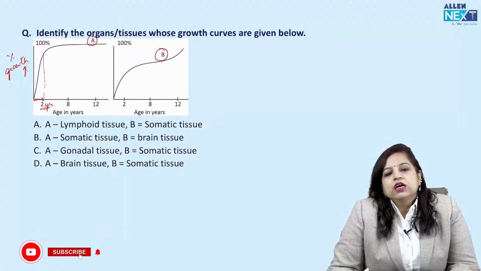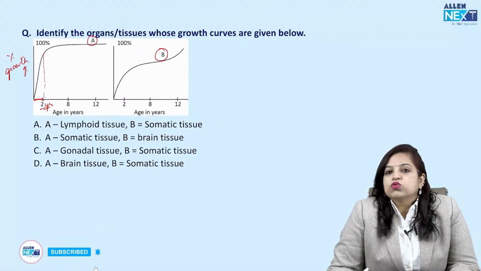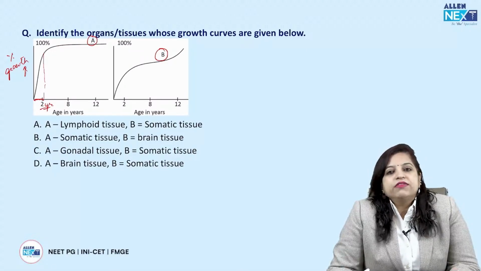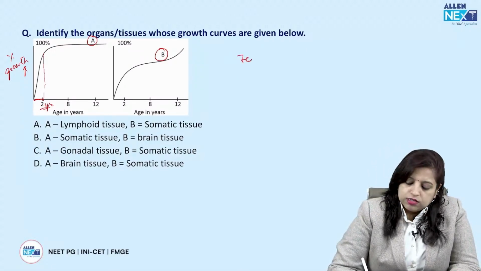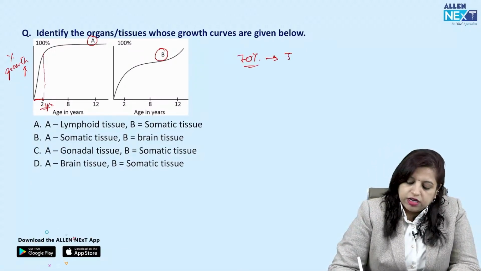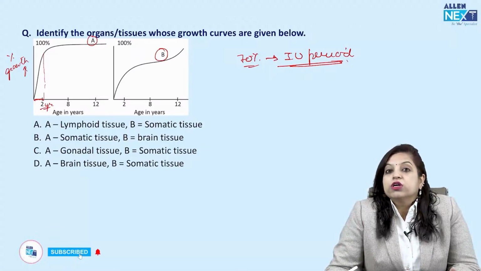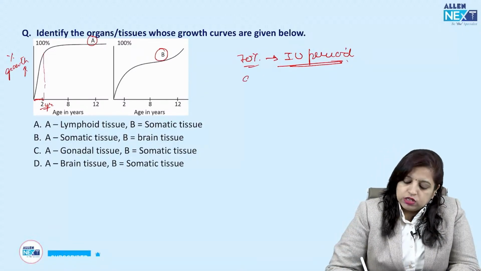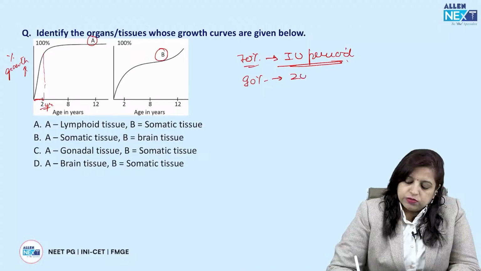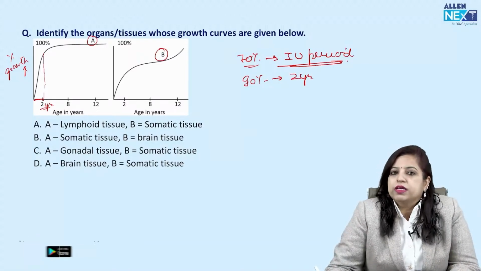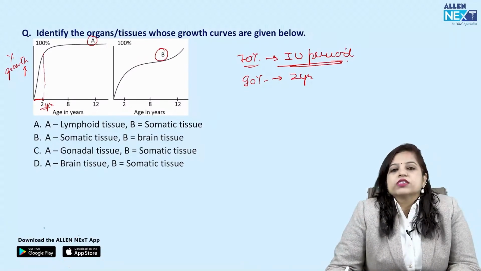The A curve signifies the growth of the brain. As we know, 70% of the brain growth occurs in the intrauterine period itself. So when the child is born, 70% of the brain has already grown, and by 2 years of life, 90% of the brain growth has already taken place. That is what the first curve signifies.